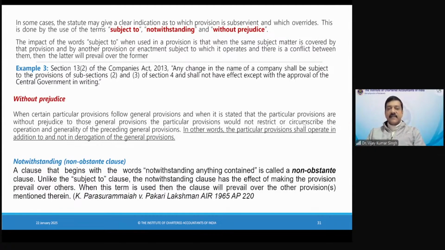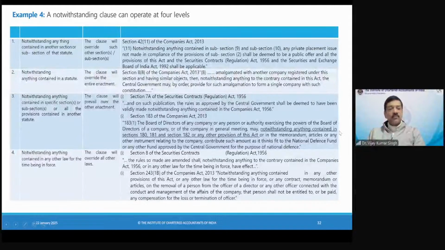So let us take some more examples. If you see your course material, they have talked about four types or four levels of notwithstanding clauses. The first one says notwithstanding anything contained in another section or subsection of that statute.